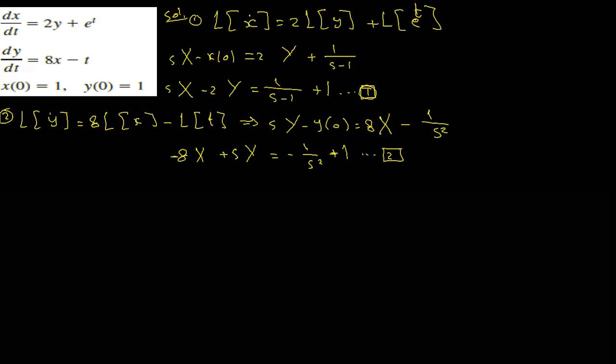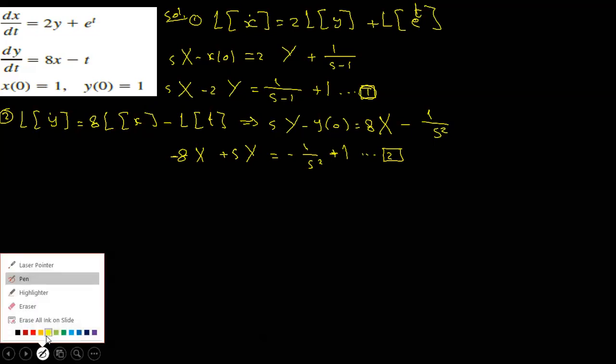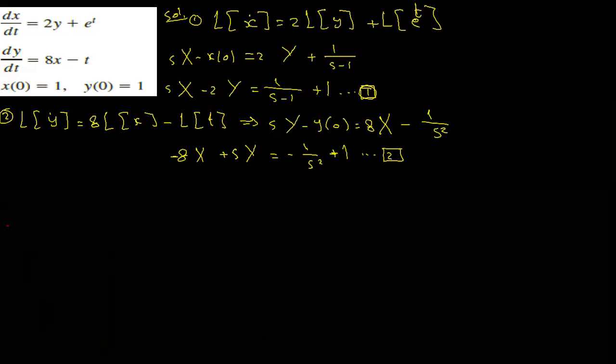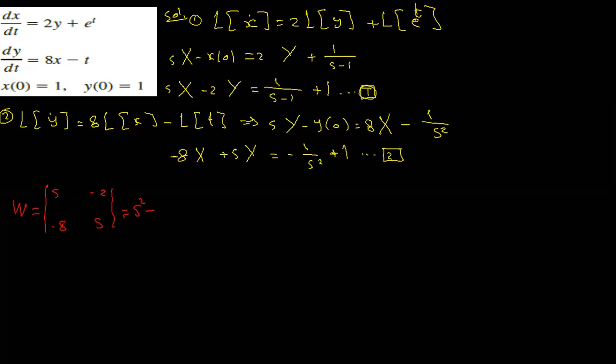Let me use the red also to find the W. So W is given to be s, negative 2, negative 8, s. So it is s squared minus 16, so it is s minus 4 and s plus 4.